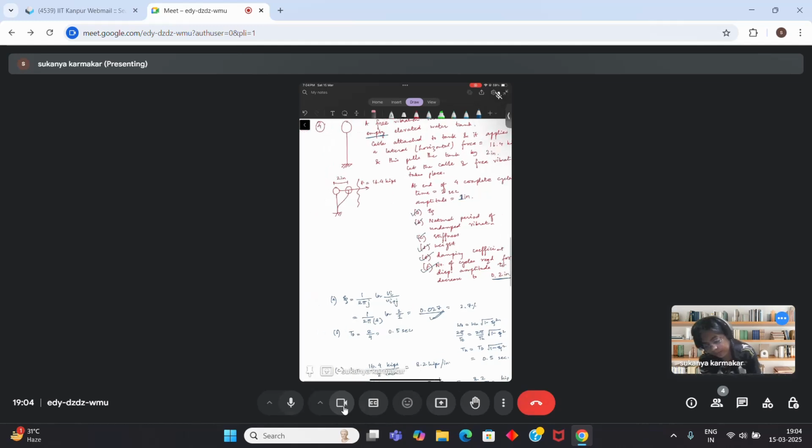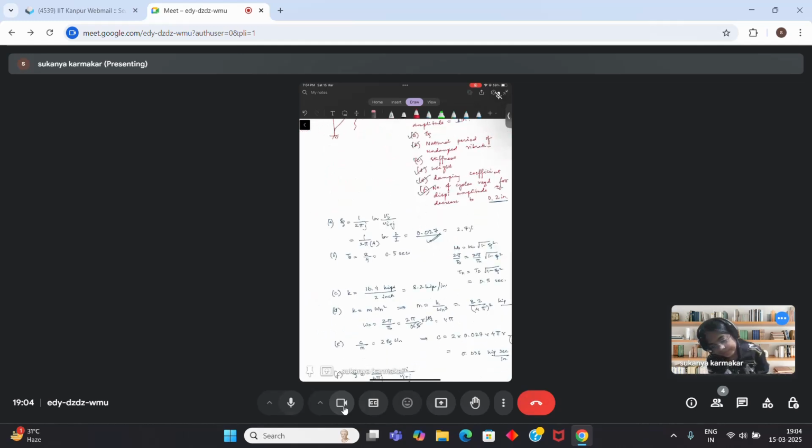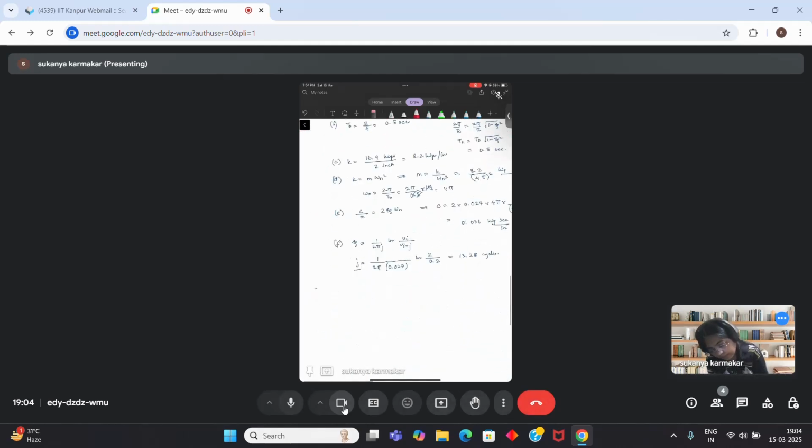So suppose I add water to the tank to fill it, the weight of water is 80 kips.